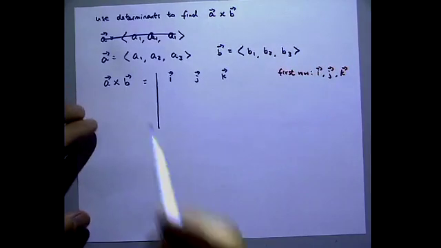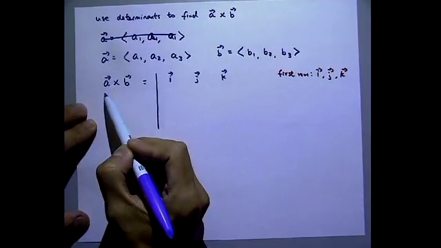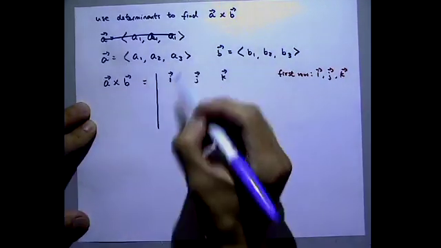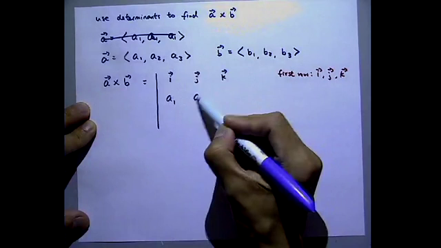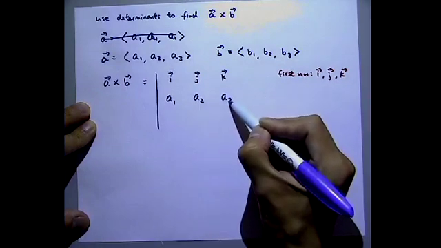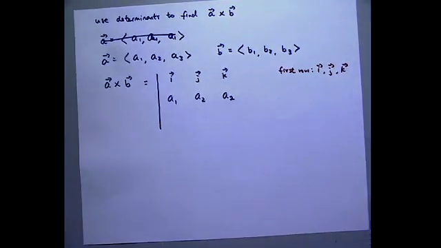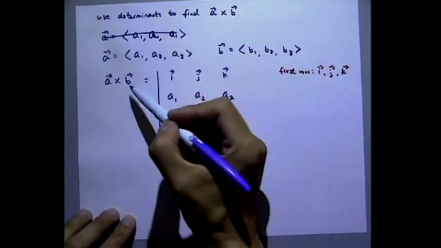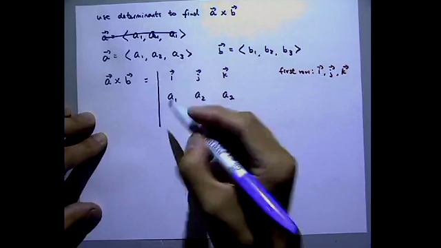The second row is the first vector in this operation. So A is the first one. We put whatever A looks like in the second row. And then the last row is the second vector in the operation.